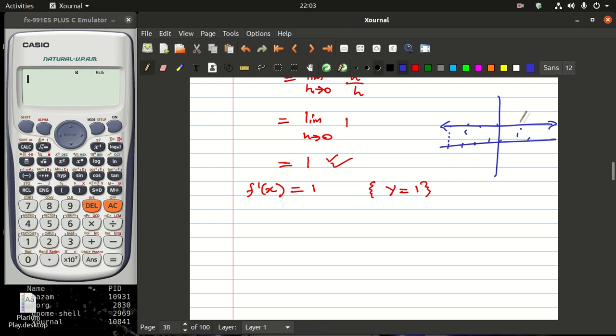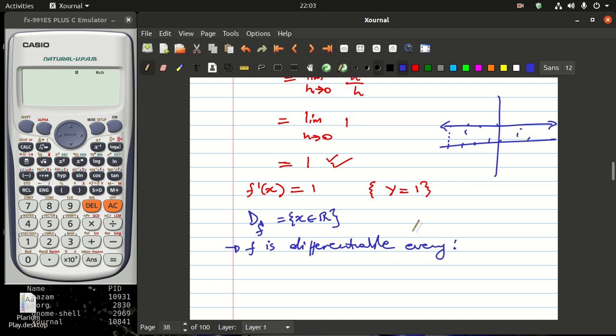In other words, the domain of this function here is just x is an element of real numbers because I can always plug in everything. So the domain of f prime of x is just going to be x is an element of real numbers. What that's supposed to mean? This one is saying that f is differentiable everywhere.